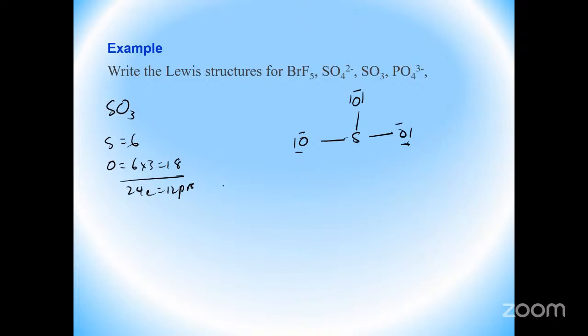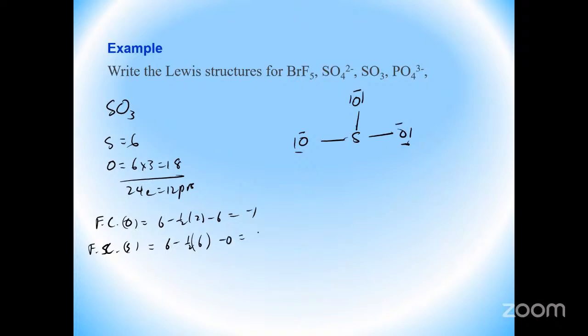Okay, so next step is formal charge. The formal charge for the oxygen would be 6 minus half of 2 minus 6, equal to -1. And in the case of sulfur, that would be equal to 6 minus half of 24 minus 0.